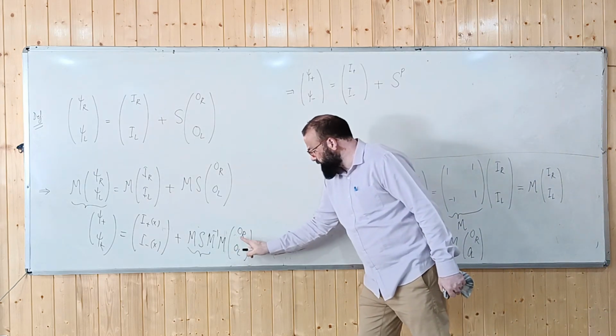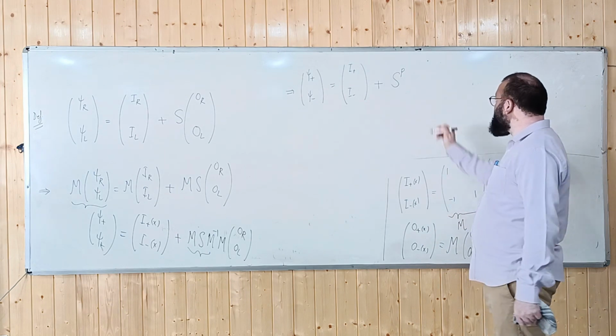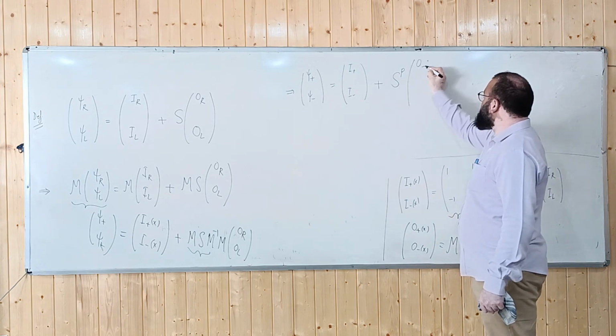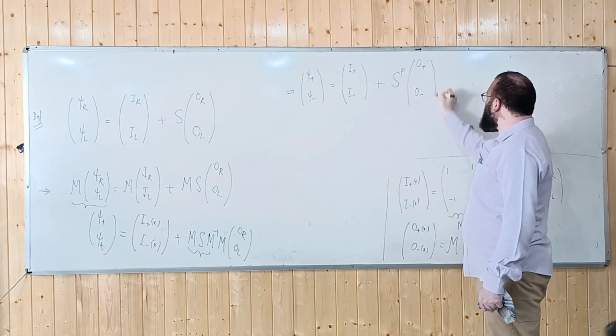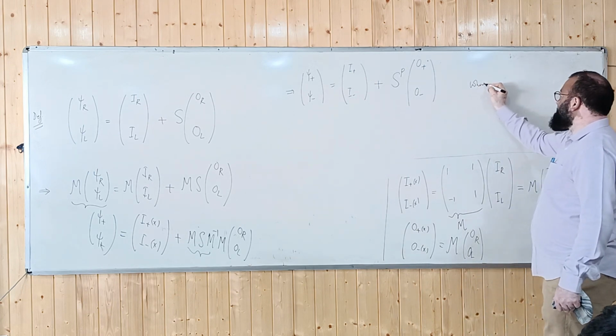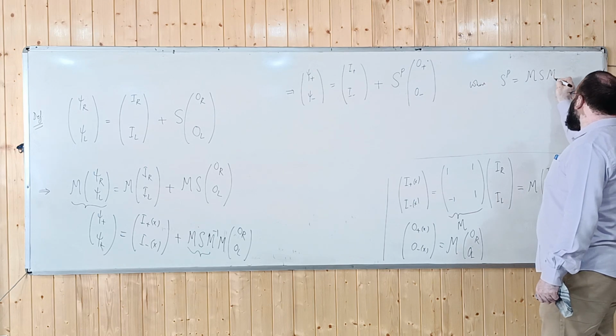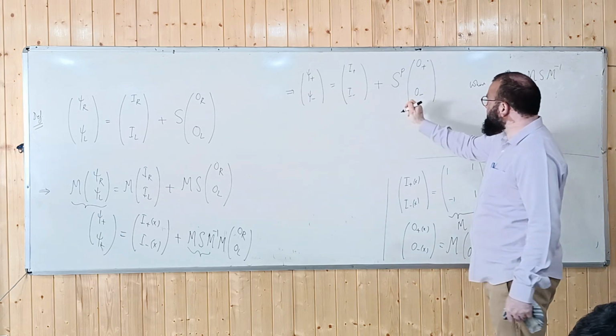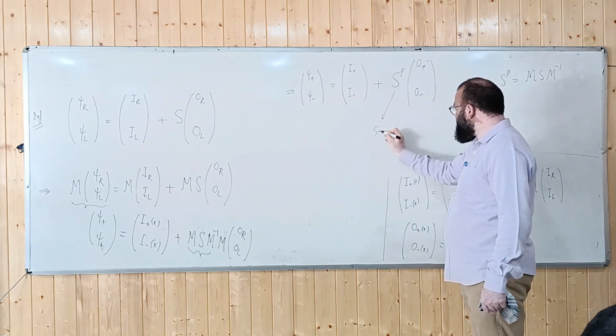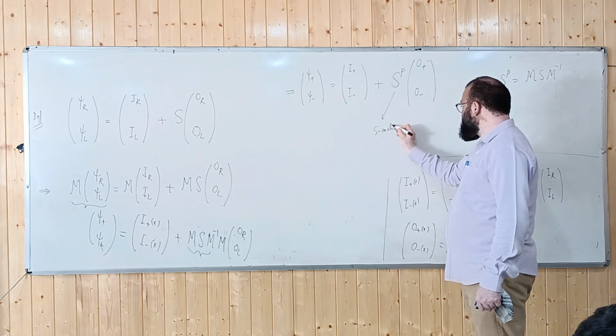Now what is this M, O, R, O, L? It is O plus and O minus, while we define this S_P as M S M inverse. So this S_P gives you the S matrix in parity basis.